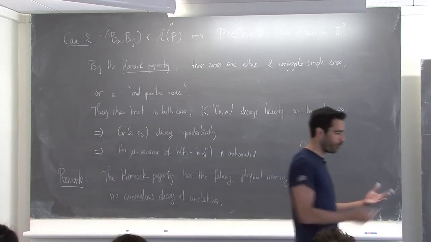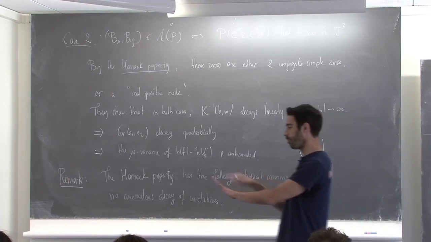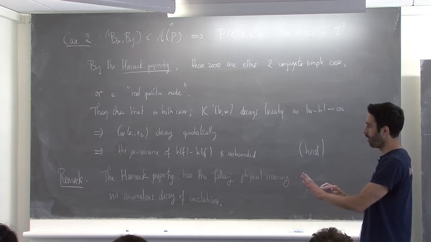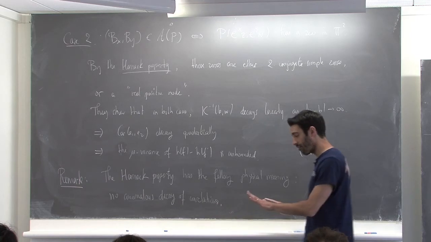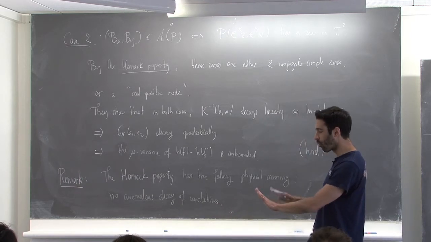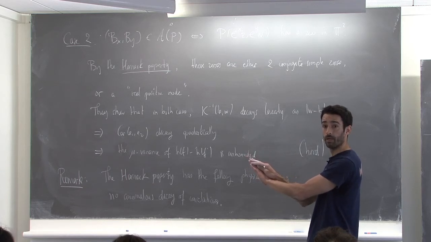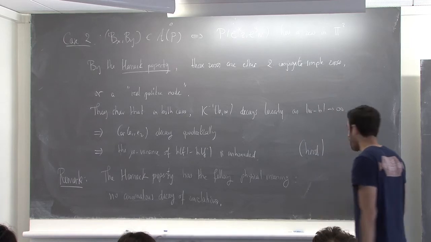So again, the three phases covered everything, and then they translate into the three possible positions of the point with respect to the amoeba. But then it's still something to show that you always have the same kind of decay of correlations when you are, for example, in the amoeba. And this uses the Harnack property. Okay.